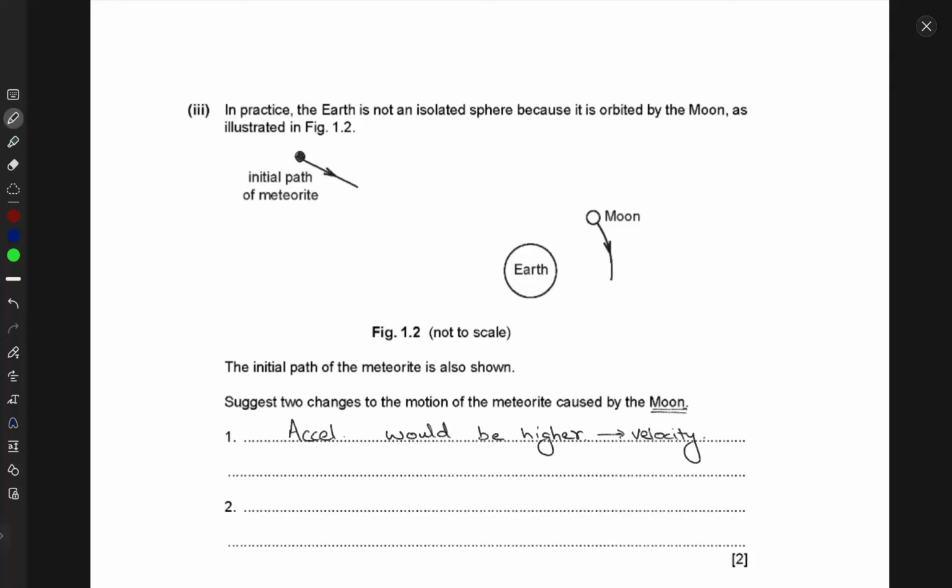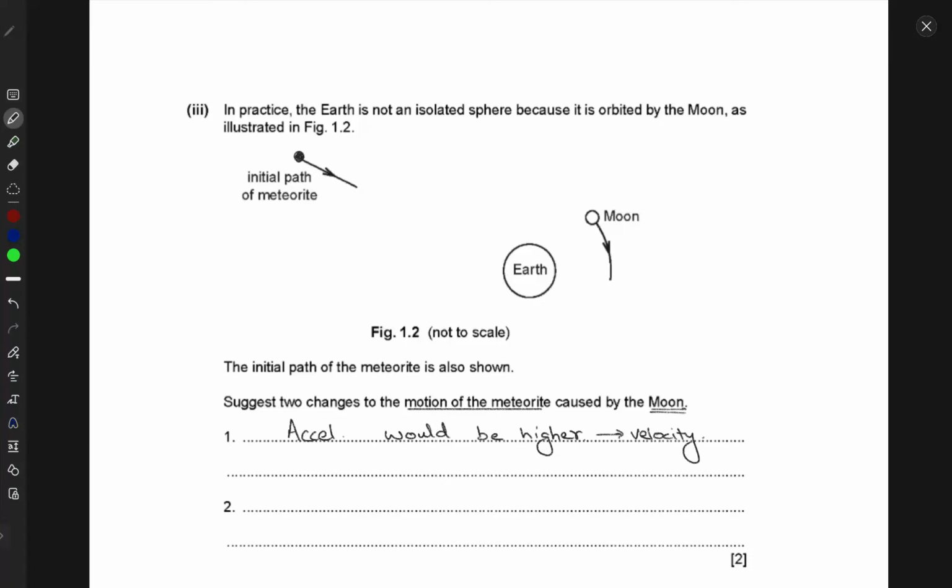So your answer could be framed in this way as well. They're really talking about changes to the motion of the meteorite, right? So it doesn't make sense if you say it could hit the moon, but you could frame the answer in this way, that the path or the motion of the meteorite would be affected, that instead of directly going towards the earth, it might deviate from its path due to the field of the moon as well.